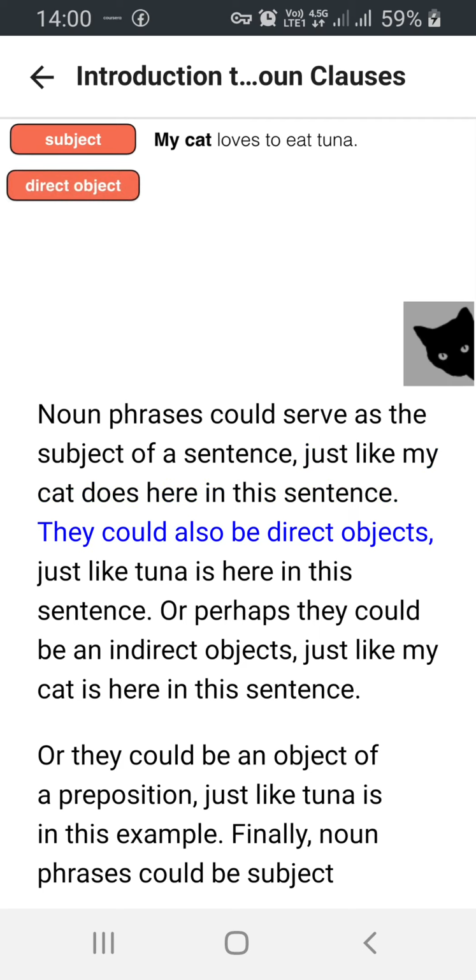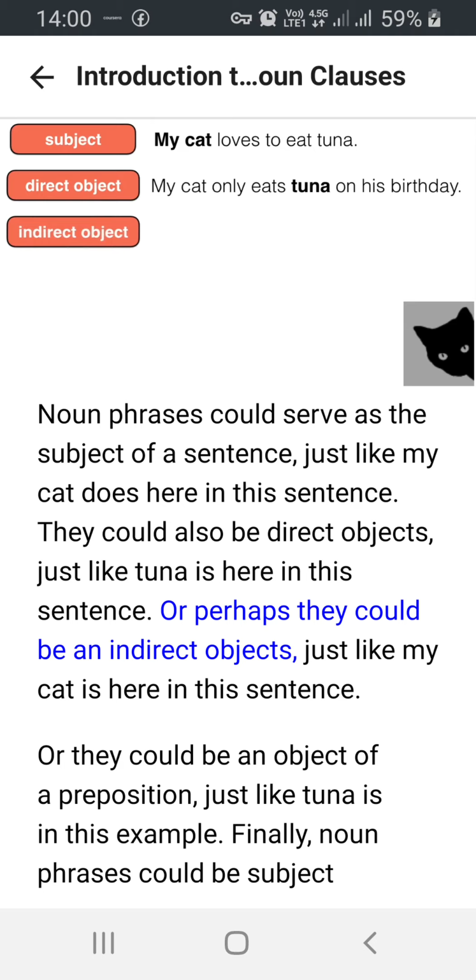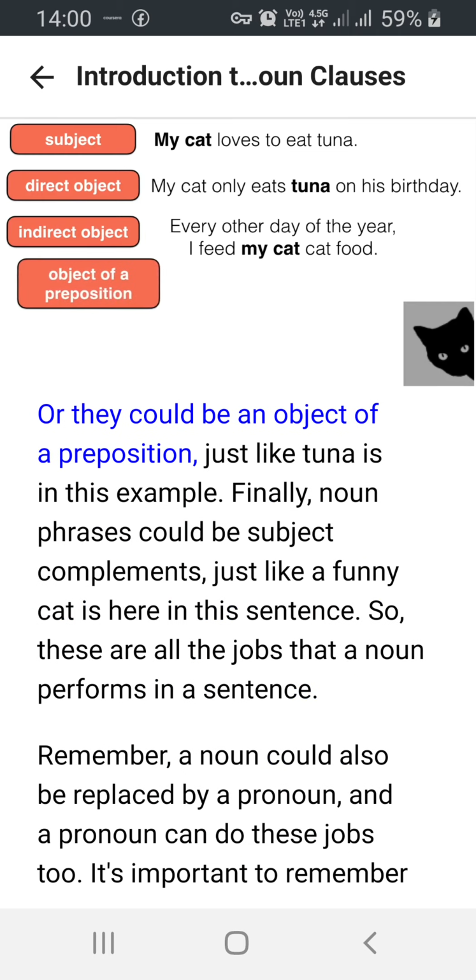They could also be direct objects, just like tuna is here in this sentence. Or perhaps they could be an indirect object, just like my cat is here in this sentence. Or they could be an object of a preposition, just like tuna is in this example.